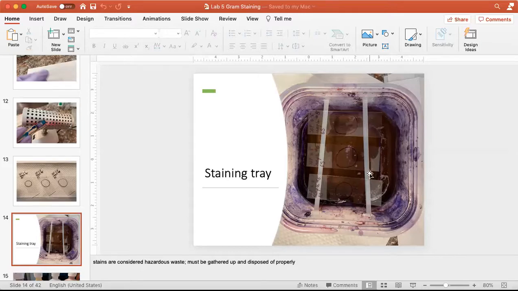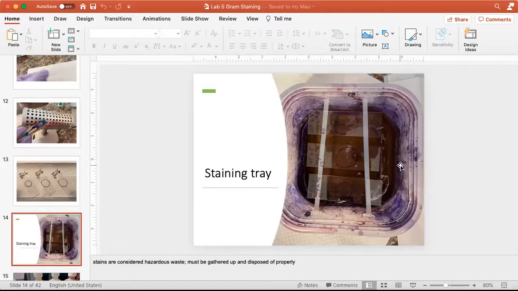And I've taken 2 stiff plastic zip ties. I've poked holes through the plastic box and I've run the zip ties through. Now, what this does is it creates a rack, essentially, where I can lay down my glass slides and they will be suspended over this box.